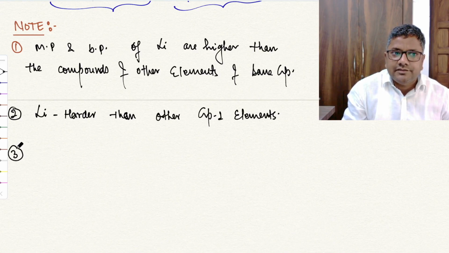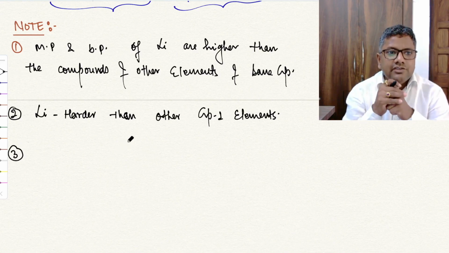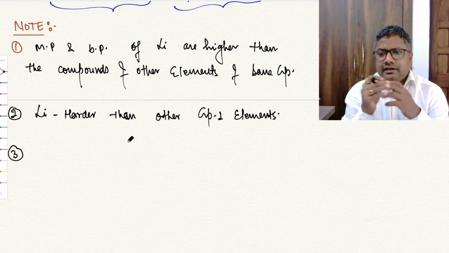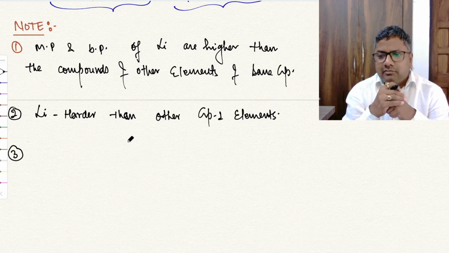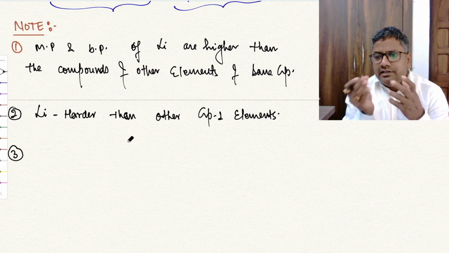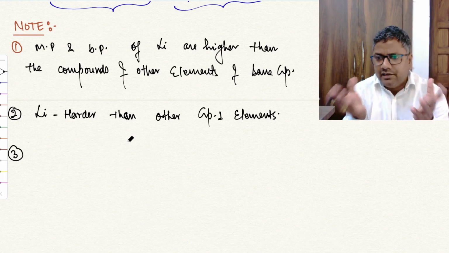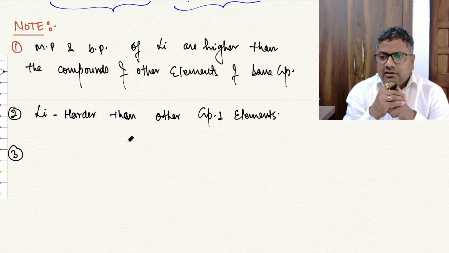Third point is that lithium reacts least readily with oxygen, right? Very little reaction, and it has the tendency to form the normal oxide. I have already discussed this, so I am leaving this point. Lithium hydroxide is least basic. As you know, the basic strength increases down the group. Already I have discussed this, so I am leaving this also.